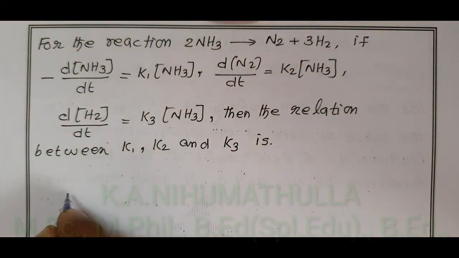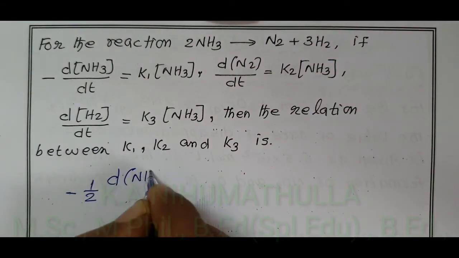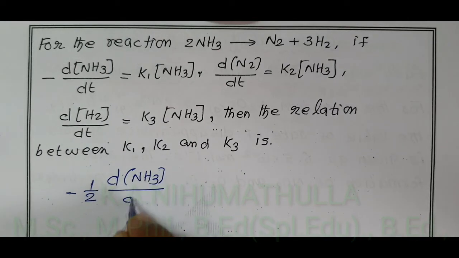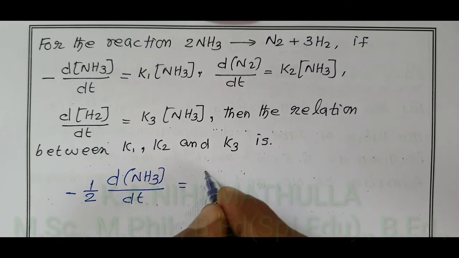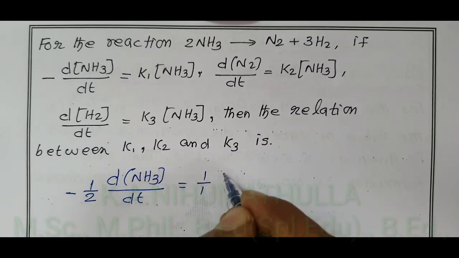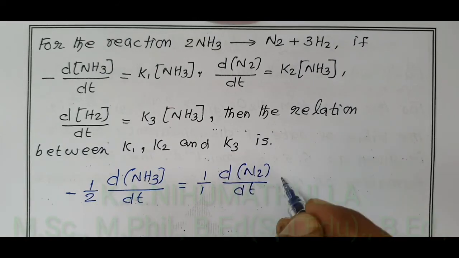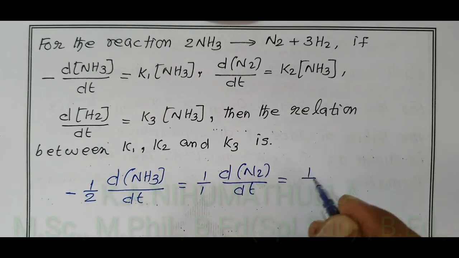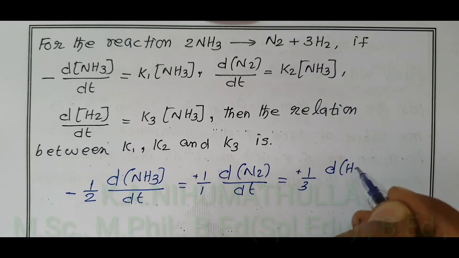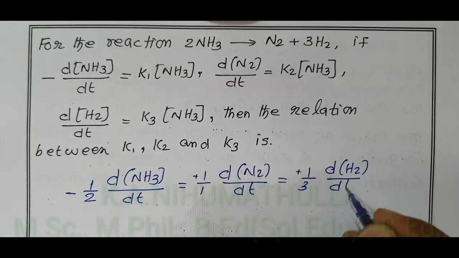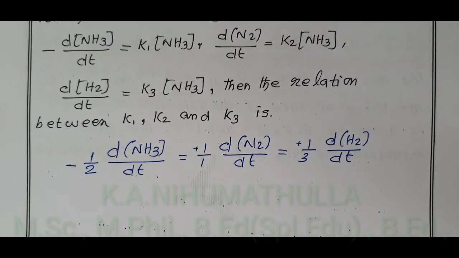The rate equation is minus 1 by 2 into d[NH3]/dt is equal to, N2 being a product with number of moles 1, plus d[N2]/dt, which is equal to 1 by 3, a plus sign because it is a product, d[H2]/dt. Now, what values are given in our problem?